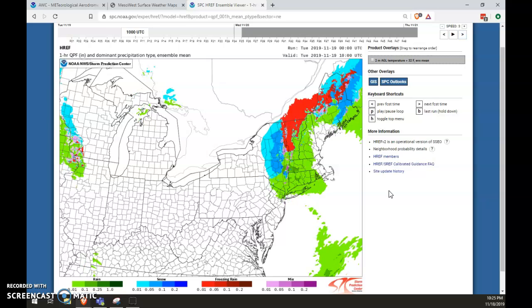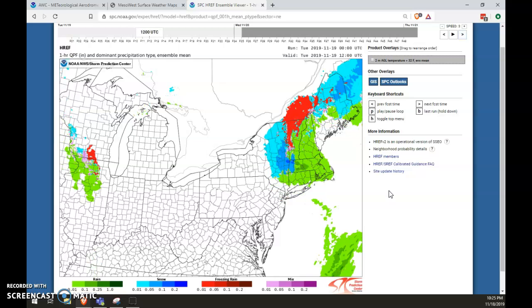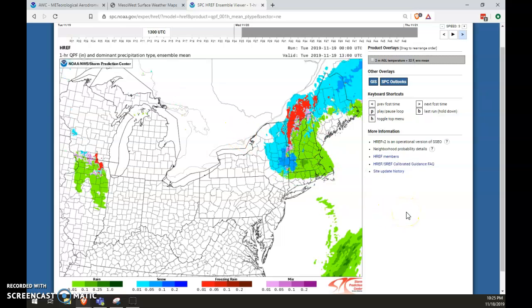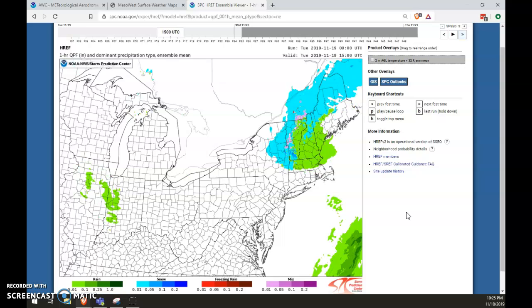There's 10Z, that's going to be 5 a.m., 6 a.m., 7 a.m., and at this point, the Champlain Valley is just on the edge of switching either back over to maybe a brief bit of rain or to snow. There is some colder air on the backside of this system, and we are expecting any rain or freezing rain to transition back to all snow.